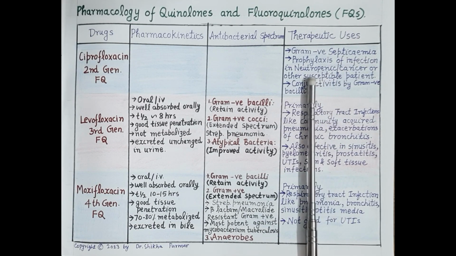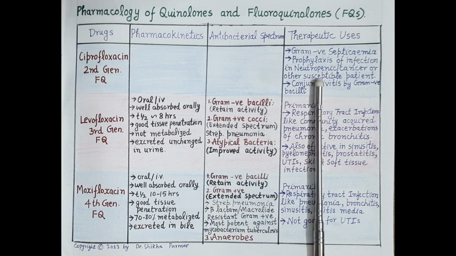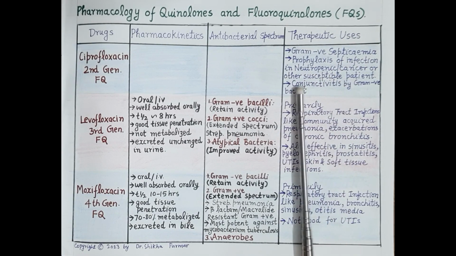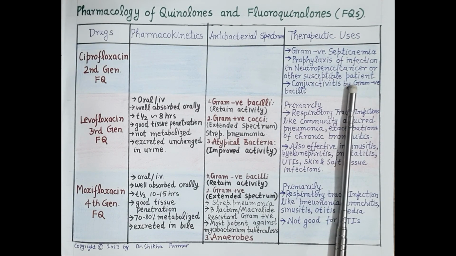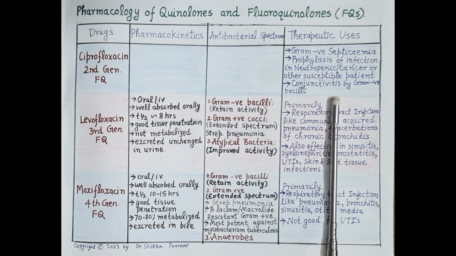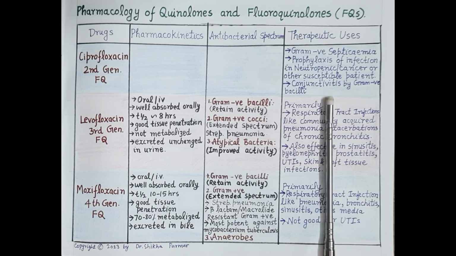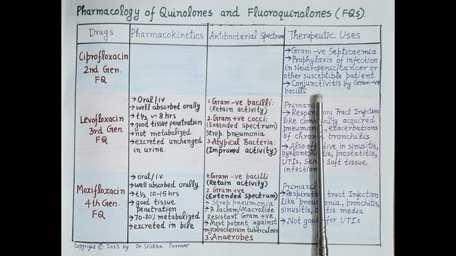It is also used in the prophylaxis or in the prevention of gram-negative infections in neutropenic, cancer or other susceptible patients. Now, topical ciprofloxacin is found to be effective in the treatment of conjunctivitis caused by gram-negative bacilli. Now, conjunctivitis is an eye infection.